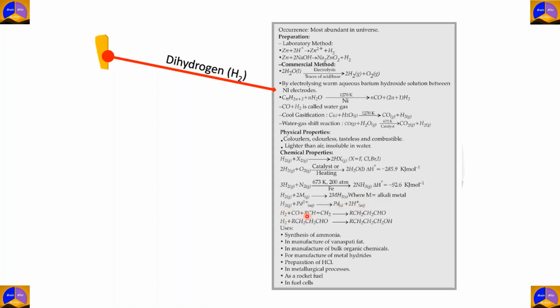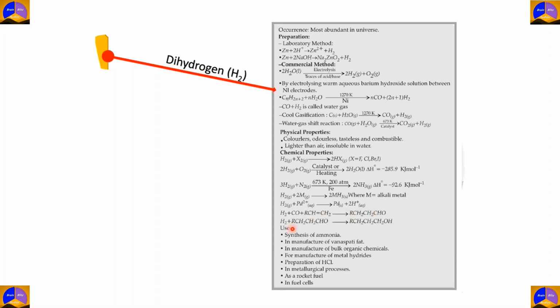Now, H2 plus CO plus RCH double bond CH2 gives you RCH2CH2CHO. So this states that dihydrogen has been used to form aldehydes. And these aldehydes have been used to form methanol.